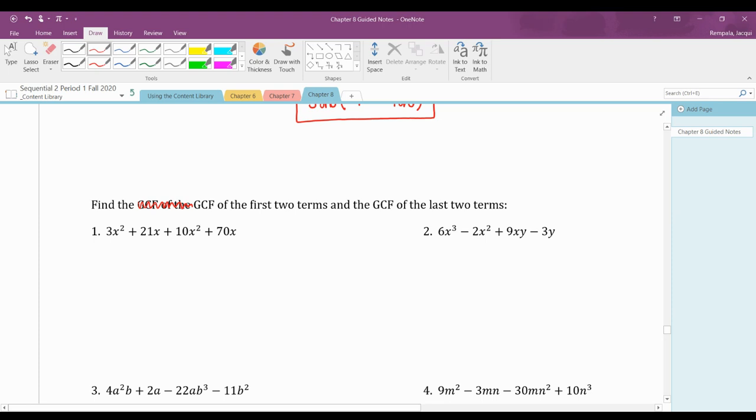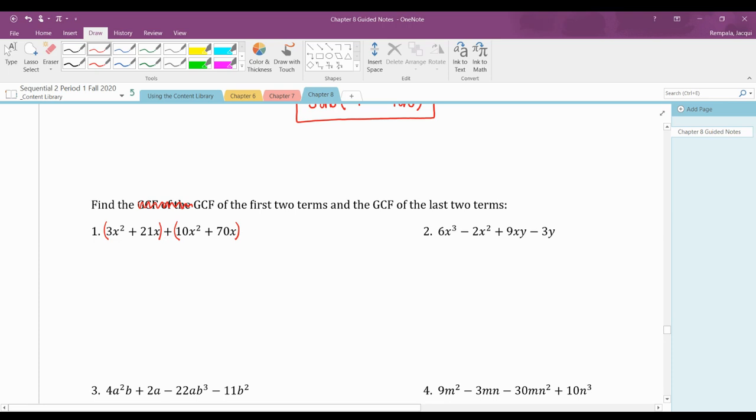We are going to group the first 2 terms by putting parentheses around them. I'm then going to group the next 2 terms by putting parentheses around them. I know that I grouped correctly if there is an addition sign in between those 2 parentheses. And I have an addition sign, so I know that I'm good.